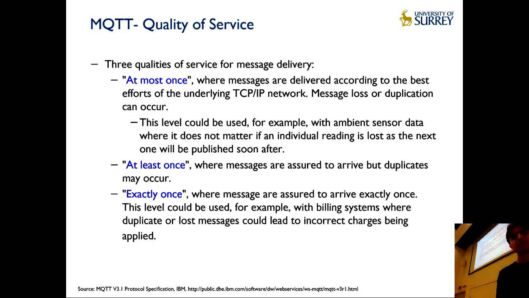A few times I have asked this in exams: what do quality measures mean in the context of MQTT? For example, if you're saying at most once or at least once, what is the difference between these two? When you're sending at least once, you want to make sure this arrives at least once, but duplicates may also occur.